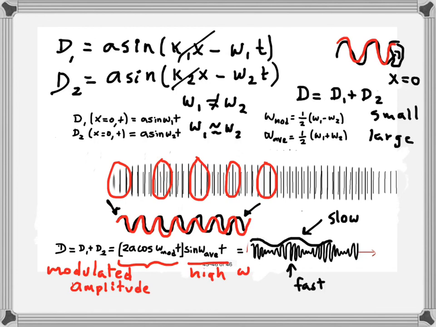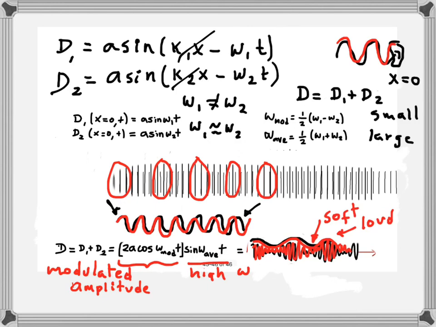So if you hear two sounds, as you saw in the previous video, one with a frequency of 400 and the other with a frequency of 404, the sound that you hear will have a frequency of 402, but the amplitude, that is how loud the sound is perceived, the loudness of the sound, is going to be changing with time.